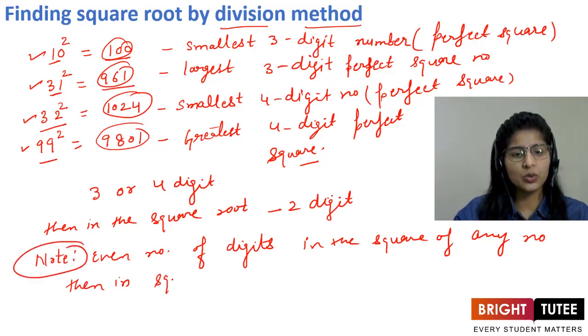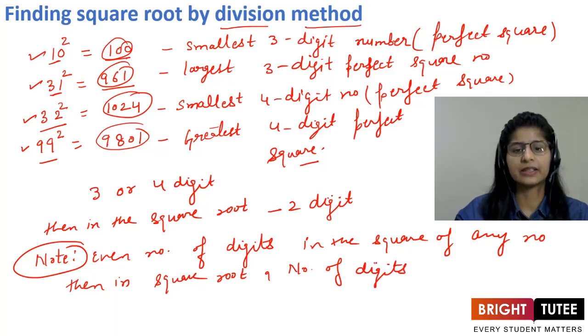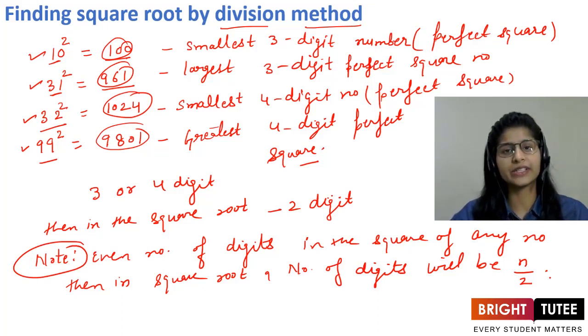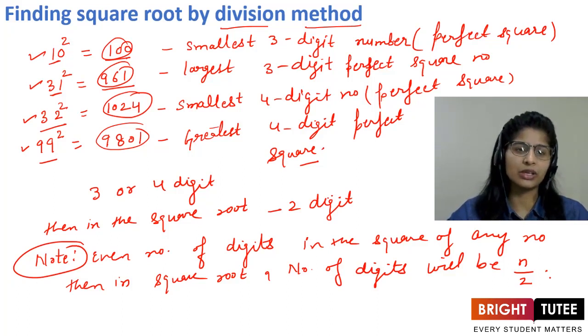Then in square root, how many digits will be there? Number of digits will be n upon 2. Keep this thing in mind. If you have even number of digits in the square of any number, then in the square root number of digits is calculated as n upon 2. What about the odd numbers then?